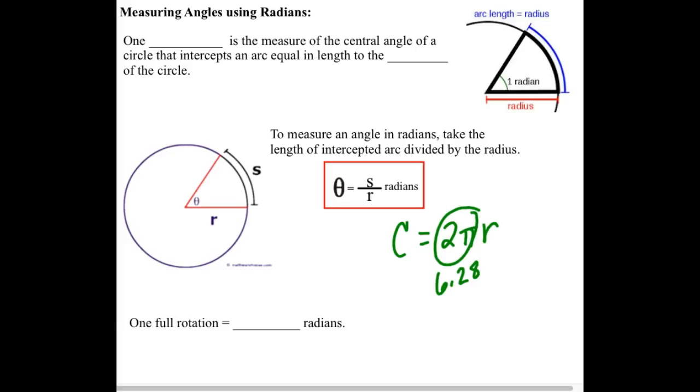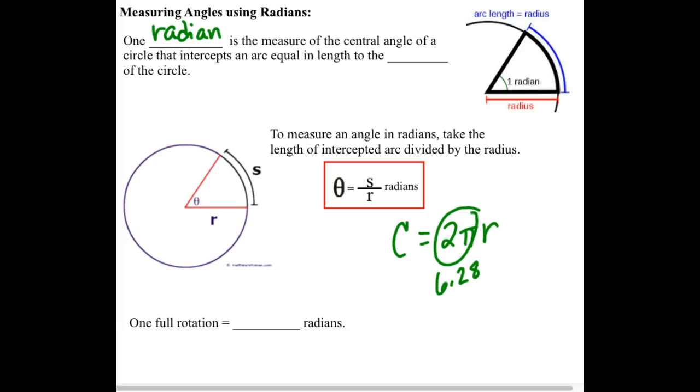Okay. So when we switch to measuring in radians instead of degrees, we have to understand that concept of a radian. 1 radian is the measure of the central angle of a circle. Okay, central angle meaning the vertex is at the center of the circle. Right?